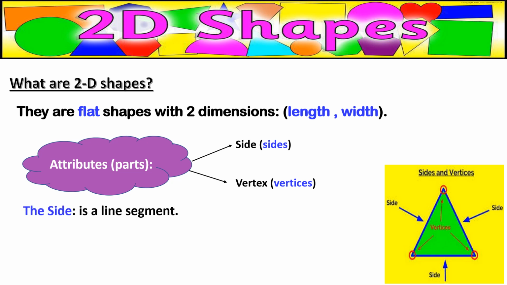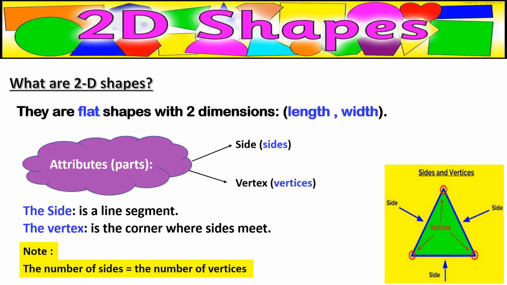What is the meaning of side? Side is a line segment like this, which is in our photo. And vertex is the corner where sides meet. When one side meets another side, they meet each other in one point. This point or this corner is called a vertex.